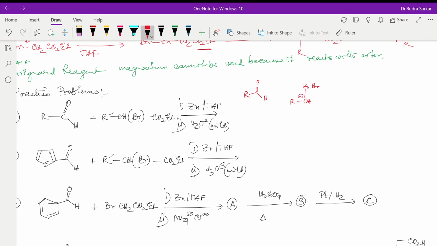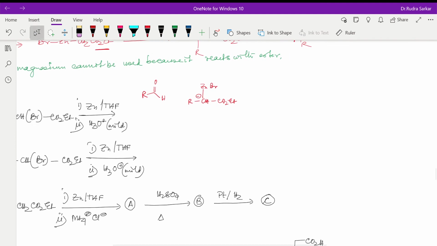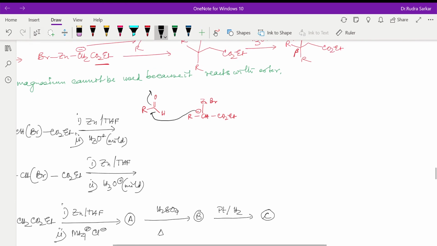We have created the nucleophile, and that is obviously CO2Et. And now we can think just like we have studied in Grignard reactions. We will make a nucleophilic attack here, and that opens up.